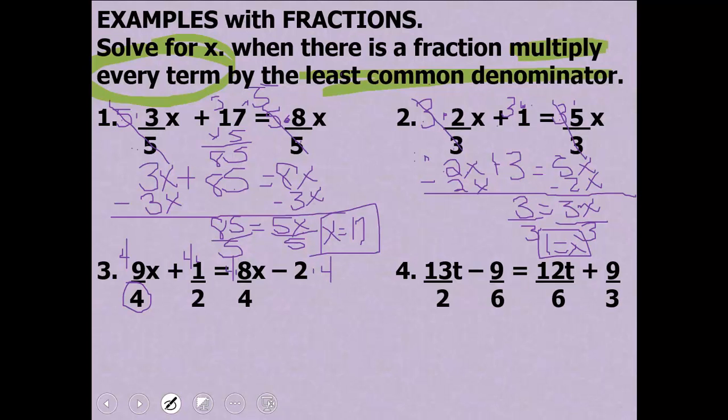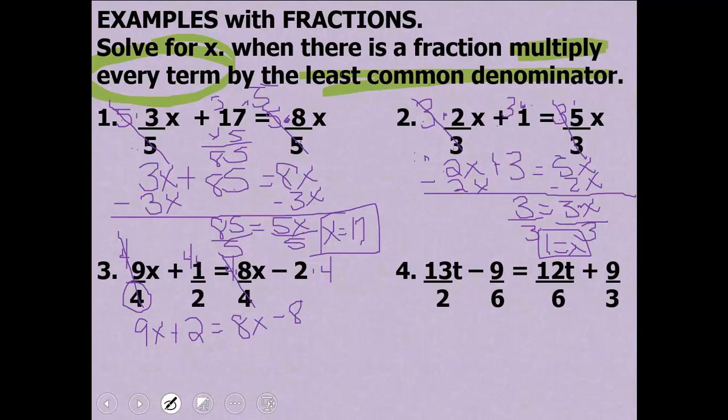I have a 4 in the numerator and a 4 in the denominator, so those cancel. I have 4 times 1 divided by 2. That gives me plus 2. I have a 4 in the numerator and a 4 in the denominator, so that cancels, so that gives me 8x. And then I have negative 2 times 4, that's negative 8.